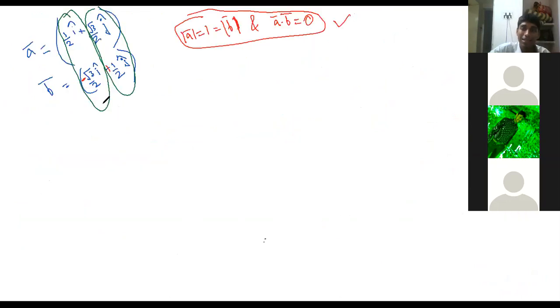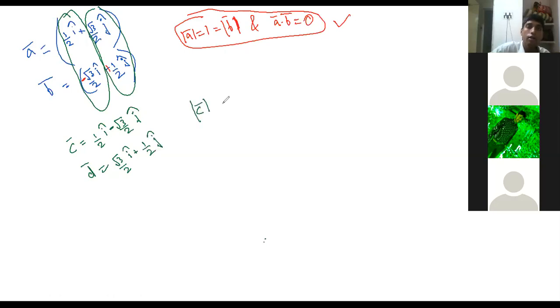Now go in this direction, construct a unit vector. What is the new unit vector? It will be 1 by 2 i minus root 3 by 2 j. This is something very new. We have not seen this. And what is D? Root 3 by 2 i cap plus 1 by 2 j cap. So still these will remain as unit vectors.